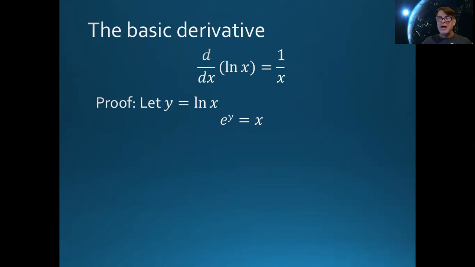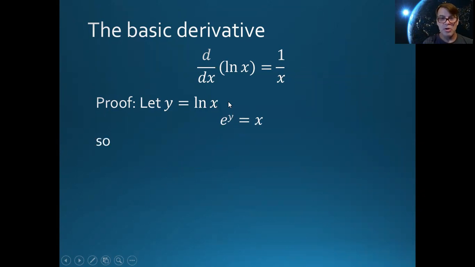E to the natural logarithm of something, or the natural logarithm of e to the something, disappears and you're left with the something. So e to the natural logarithm of x is x. We know this is true if y equals the natural logarithm of x.